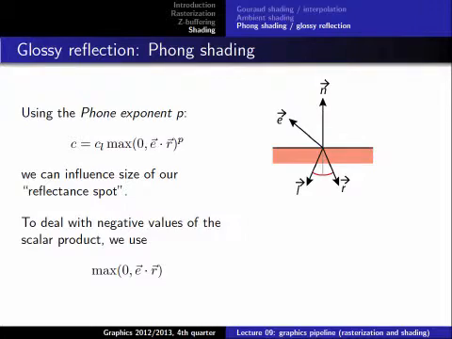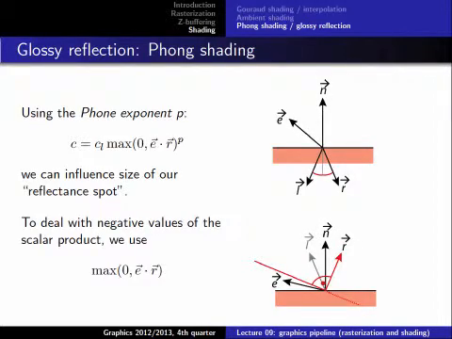Now, what I was saying before, when the light was negative, I was already wondering if someone would raise their hand and say, well, isn't there another case that doesn't work? Because there are actually cases where you can have a negative scalar product, but you're not behind the object.